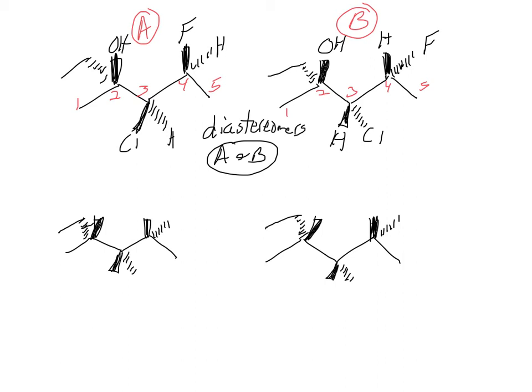Let's try this. Let's take molecule C. I want A and C here to be enantiomers. Could you do that? Can you take A up here and draw on it here so it's all enantiomers? What would I have to do? I might have to change something.